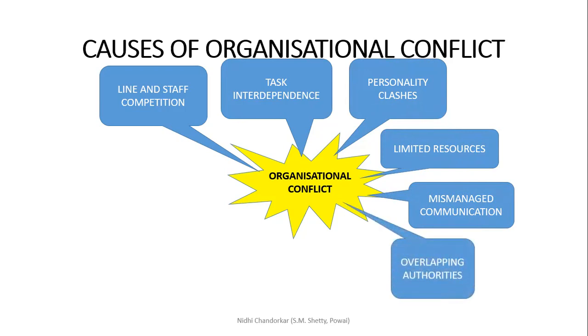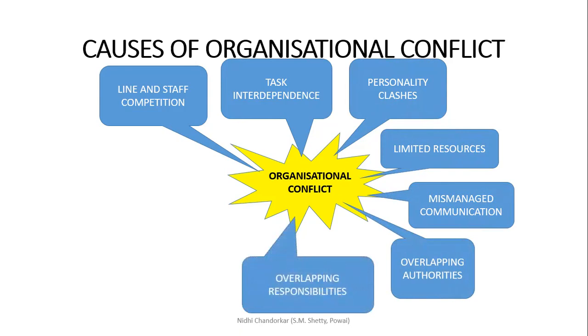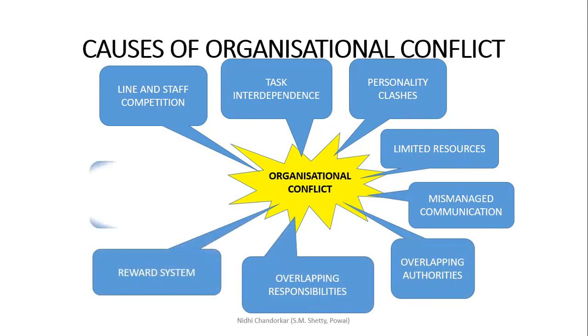It can be because of overlapping authority, that is, the same set of people are commanded by two different authorities. Overlapping responsibilities, inappropriate reward systems in the organization, and incompatible goals within the organization.